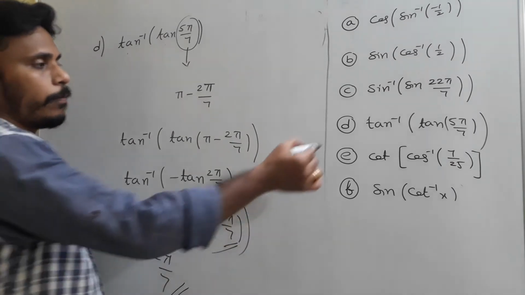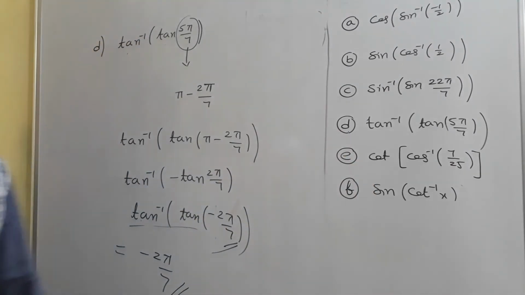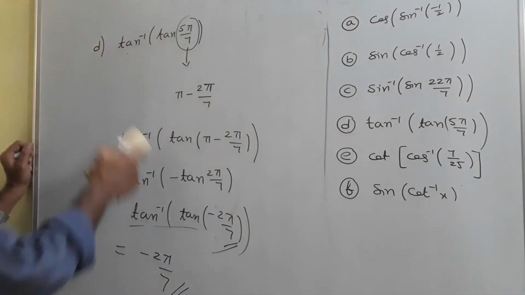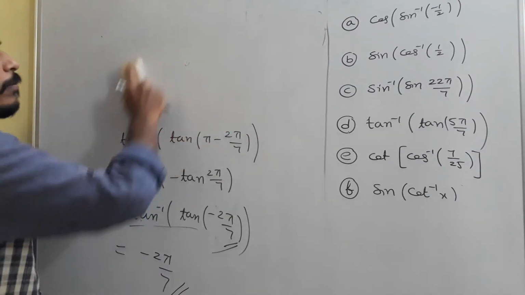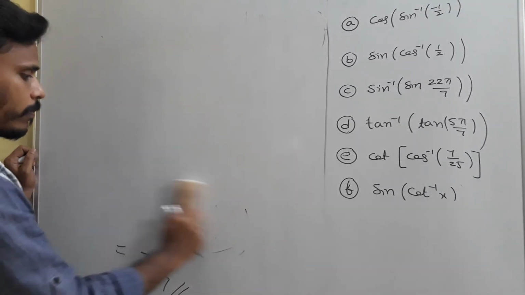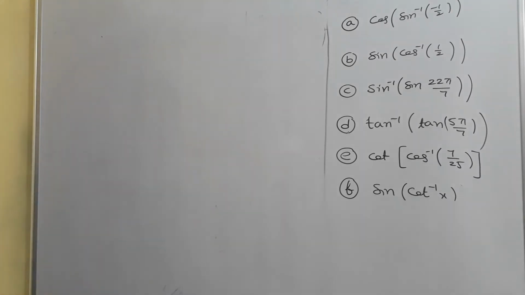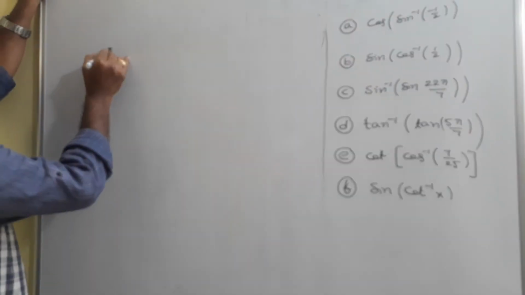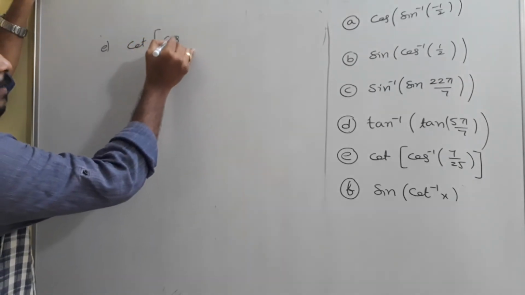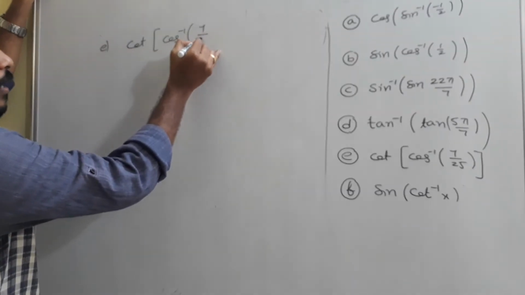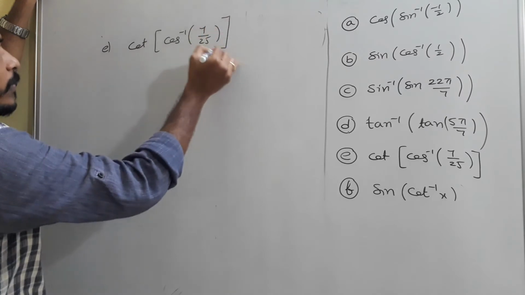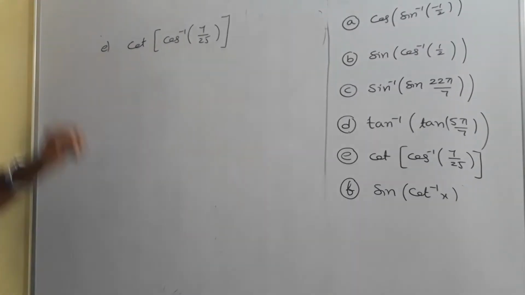So this is D, and then we need to solve E as well as F. Just think about E. What is it? Cot of cos inverse 7 by 25. We need to calculate this particular value.